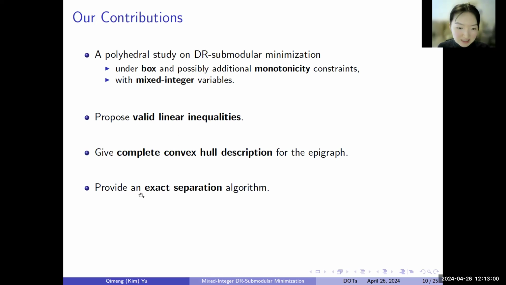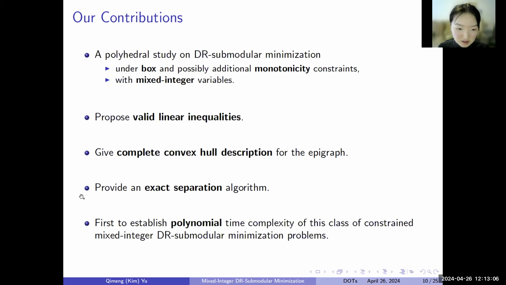And we proposed an exact separation algorithm for these new valid inequalities. Combining all these results, we were the first to establish the polynomial-time solvability of this class of constrained mixed integer nonlinear minimization problems.